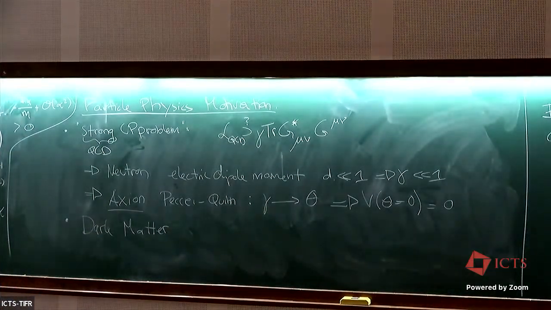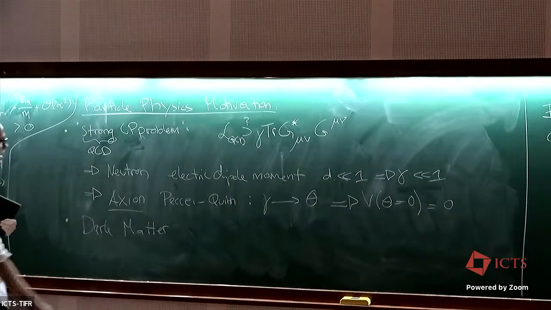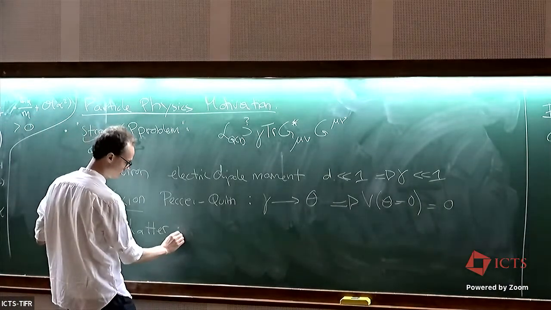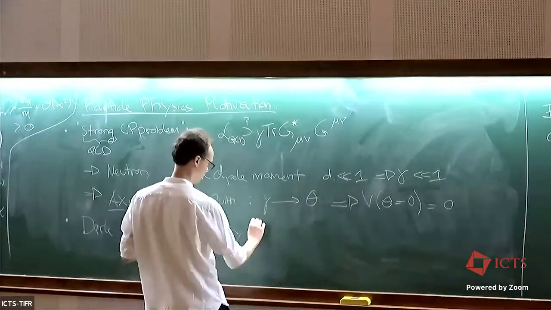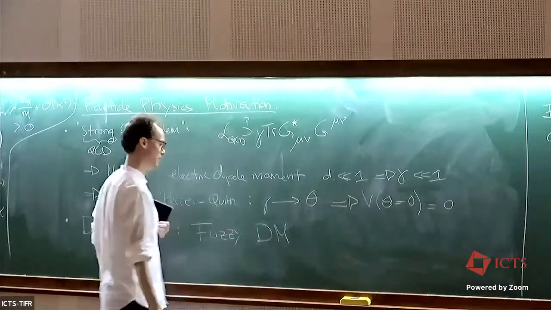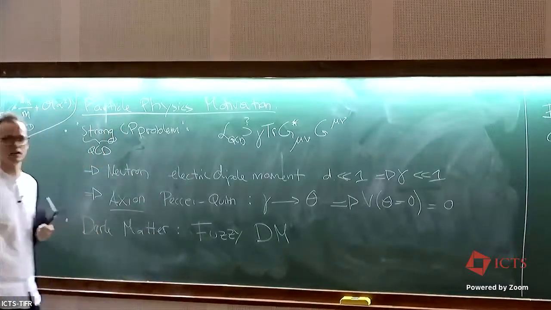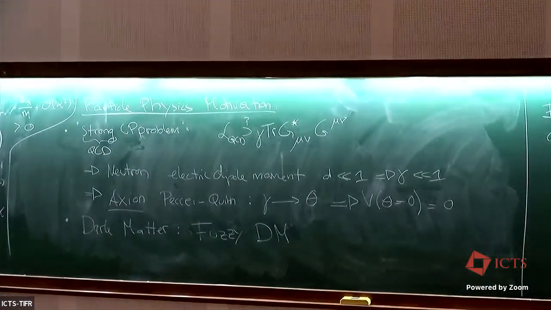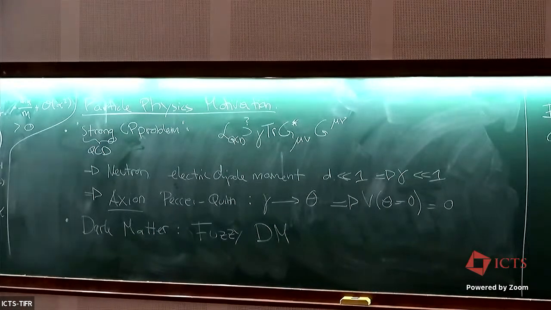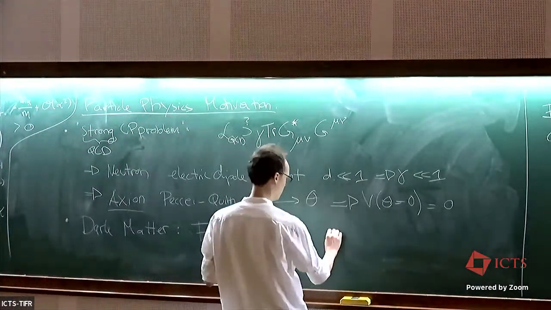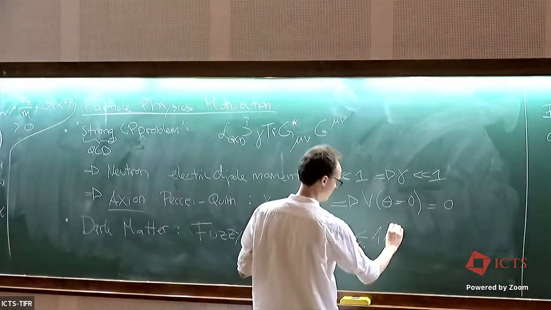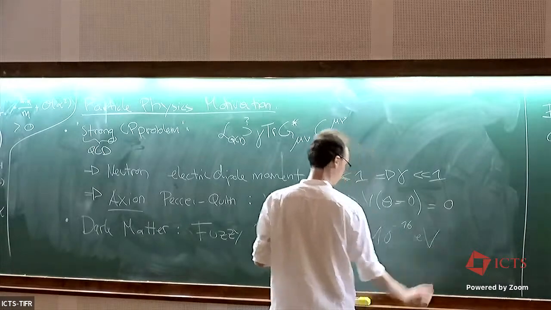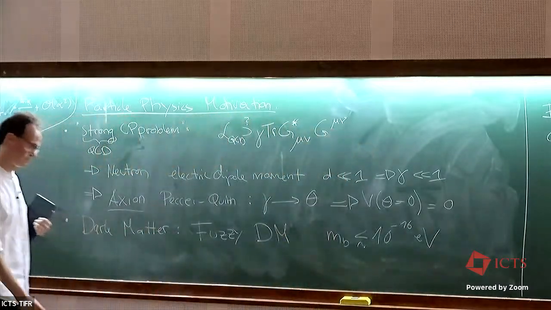And so people have come up with different theories around this, and one potential candidate is fuzzy dark matter, or ultralight fuzzy dark matter. And basically this is just a scalar field that has a mass that is very small. So something like, I don't know, 10 to the minus 16 electron volts. Very, very small, okay?